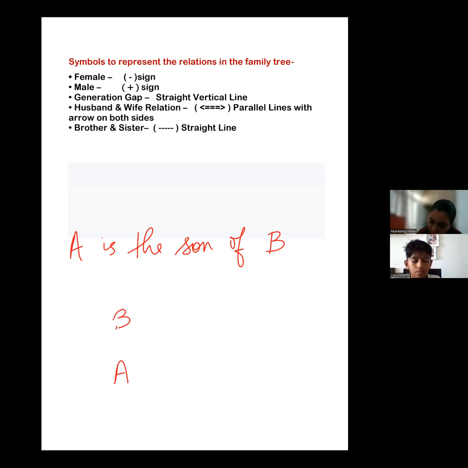So we'll put B above A and draw a straight vertical line. If I draw B, a vertical line and A, that means A is the son of B. Now A is the son, so I'll put a plus sign over A.